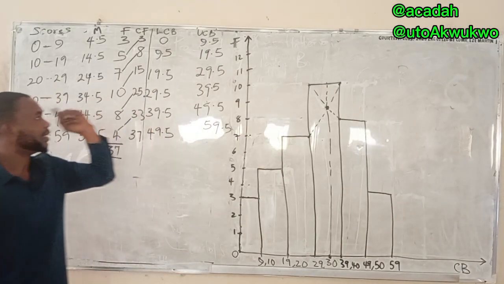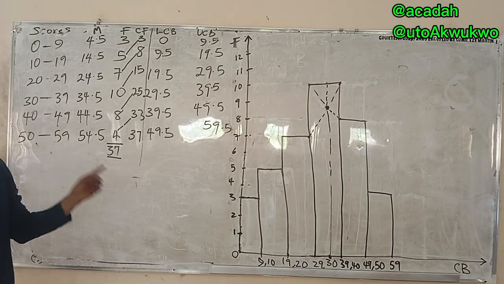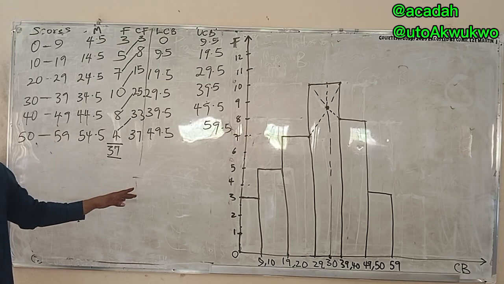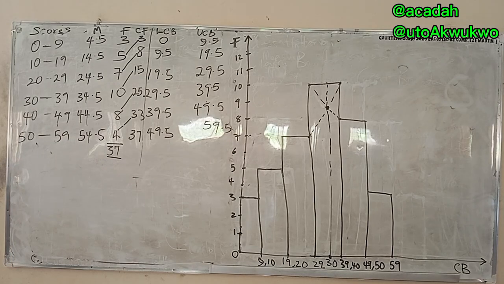I said the last type of diagram to draw under statistics is what we call the cumulative frequency curve, or the cumulative frequency polygon. If they ask you, one of these is also known as ogive, O-G-I-V-E. You come to the options, you see cumulative frequency curve, you see cumulative frequency polygon. Choose cumulative frequency curve. Most times we say cumulative frequency curve or polygon, but the one that is also known as ogive is the curve.